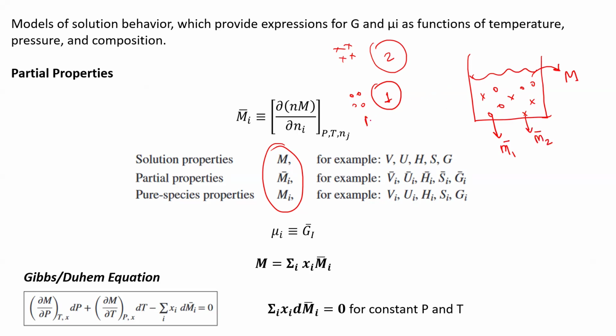Whereas here it is M1 and M2. This is the one we have discussed earlier and how they can be related. So for the overall property of a mixture, it is summation of x_i into M_i bar. It is not x_i into M_i, but M_i bar is defined. How this M_i bar is derived, we should be discussing.